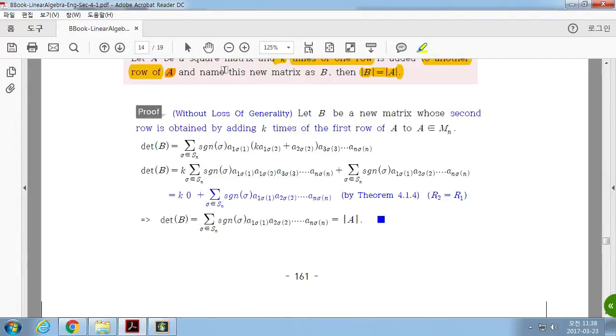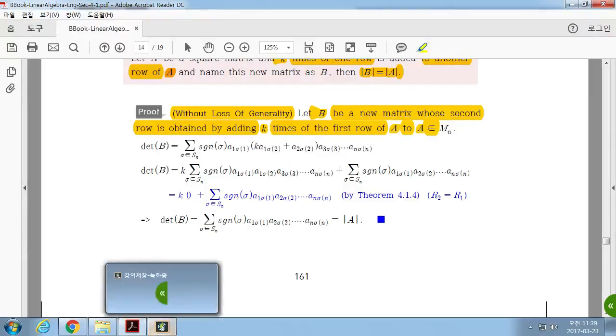Okay? Here is the proof. Without loss of generality, let B be a new matrix whose second row is obtained by adding k times the first row of A to the second row of A. Then what's the determinant of B?